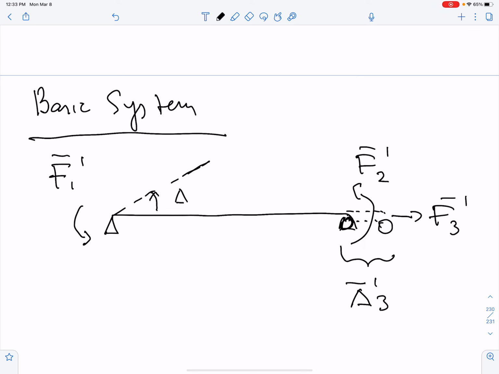This slope or rotation, because we're talking about small angles, is the same thing: delta over bar prime 1, and this guy can develop a rotation, counterclockwise positive, delta over bar prime 2. This is what happens in the basic system.